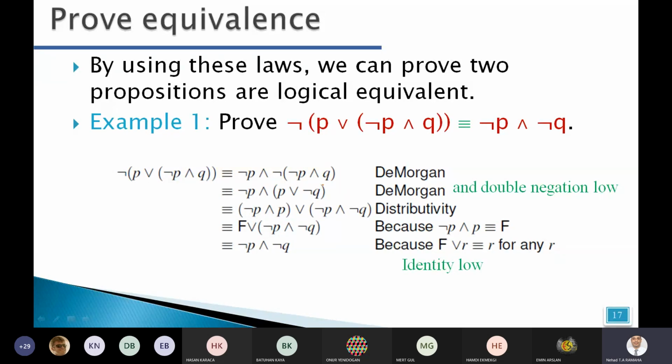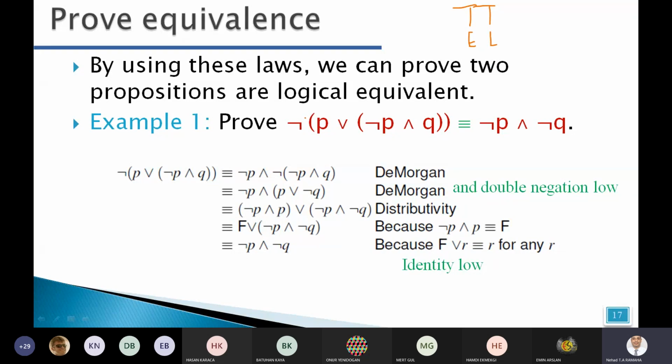Okay, we have the first example to use these laws to prove logical equivalence. So we can prove logical equivalence using two ways, a truth table, or we can use equivalence laws.